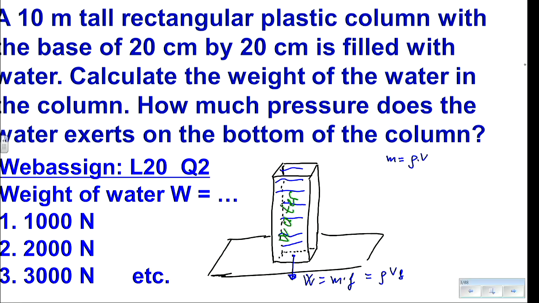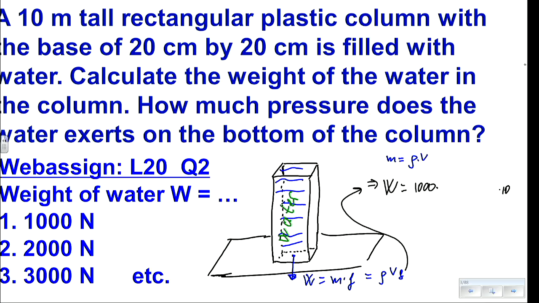Good. So at this point, we just have to start plugging numbers into this equation. If we use the international system of units, that's the density. g is about 10.